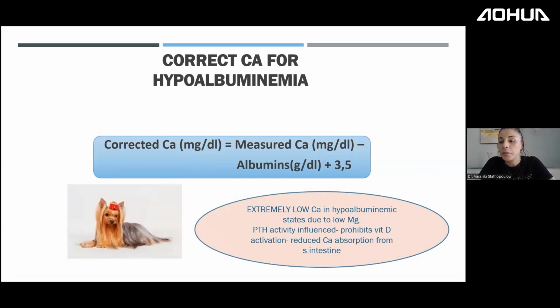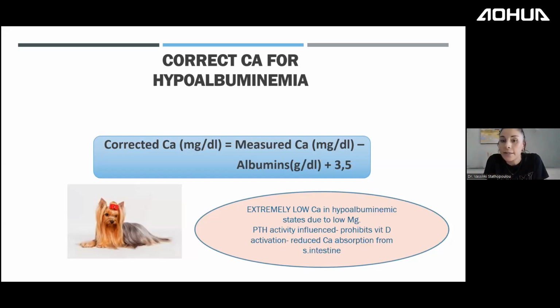Whenever you have a hypoalbuminemic patient, please correct the calcium. The calcium is not low, and this is the algorithm to correct the calcium. It's very easy. You put your measured calcium minus your measured albumin plus 3.5. There's another one that's more complex, but I tend to use that.